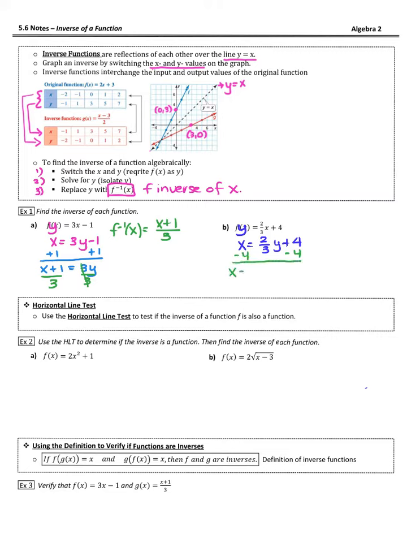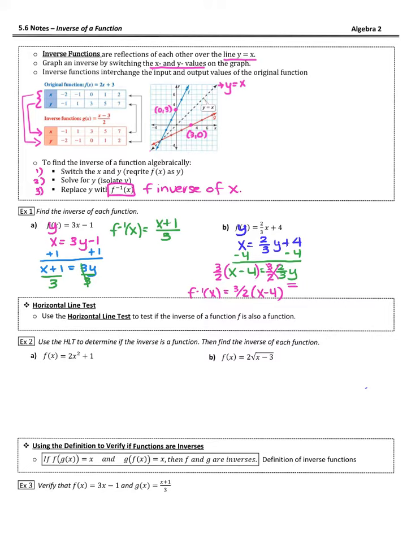And so we have x minus 4 equals 2/3 times y. And the goal is to isolate y, so I'm going to multiply both sides by the reciprocal and put this in parentheses. And so now what we have is our y isolated, and we now call this f inverse of x equals 3/2 times (x minus 4). And those are inverse functions.